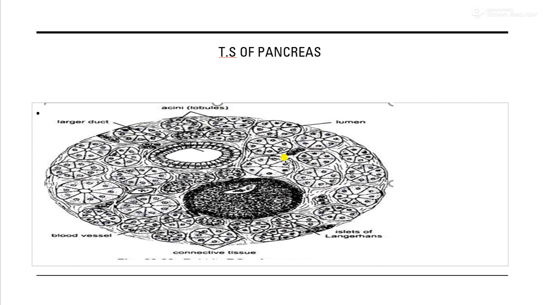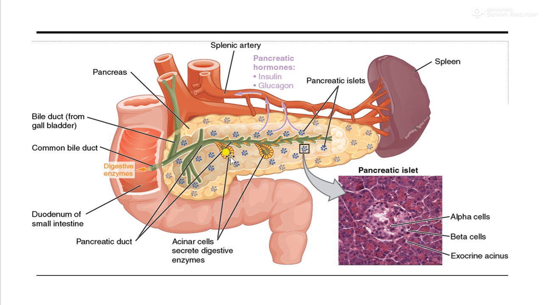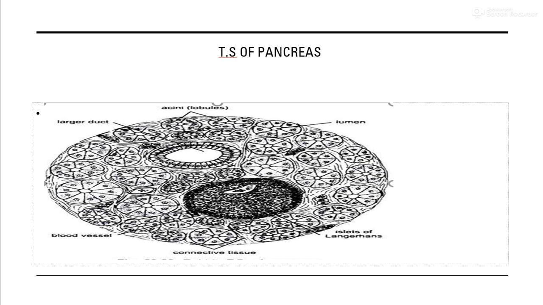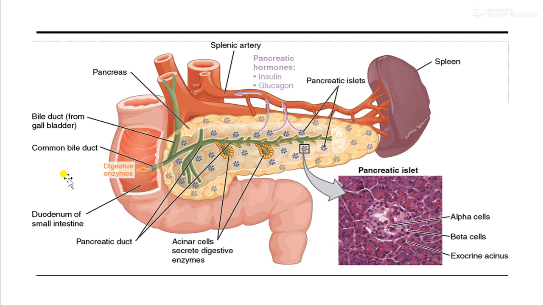Because some part, look at this portion, the predominantly exocrine gland, consists of grape-like structures. Look at this grape-like cluster of secretory cells that form a sac, and that sac is known as an acini, which connects to a duct that eventually empties into the first portion of the intestine, and that first portion of the intestine is called the duodenum.